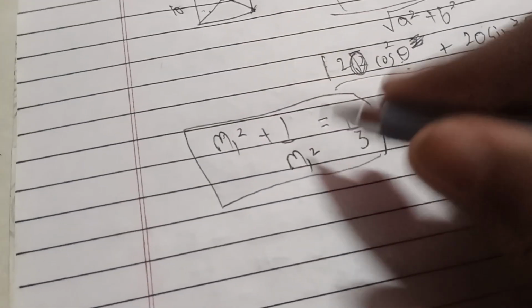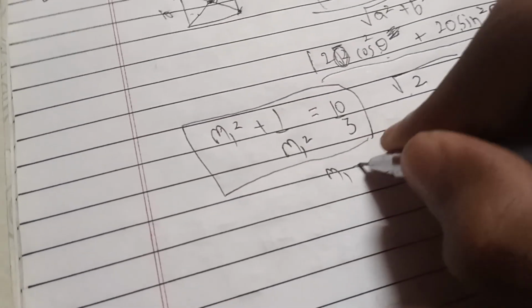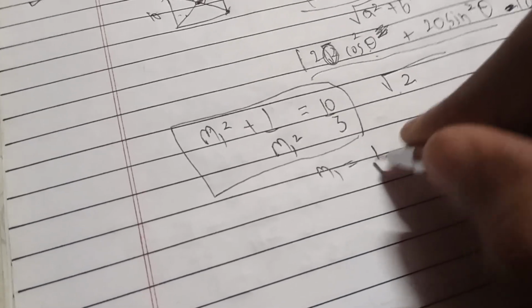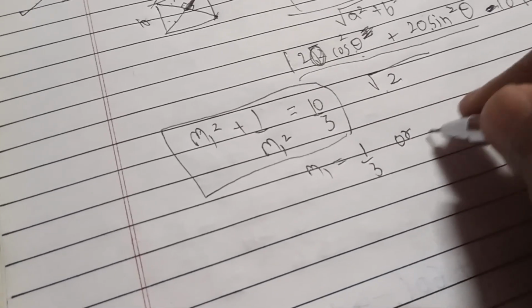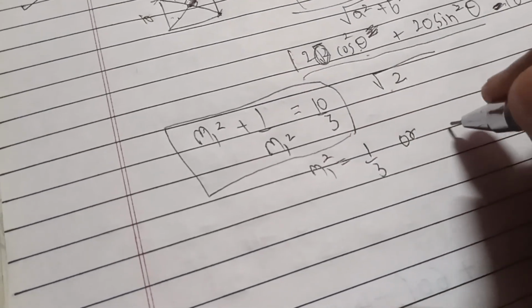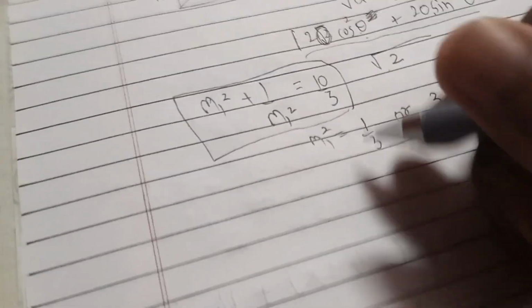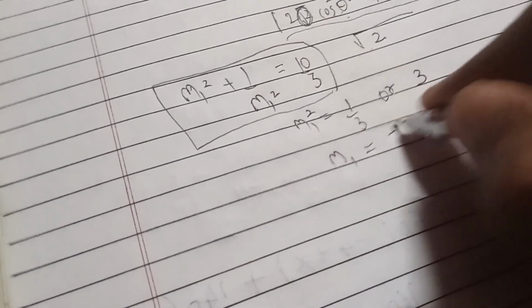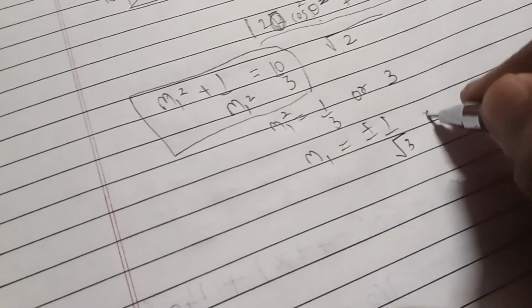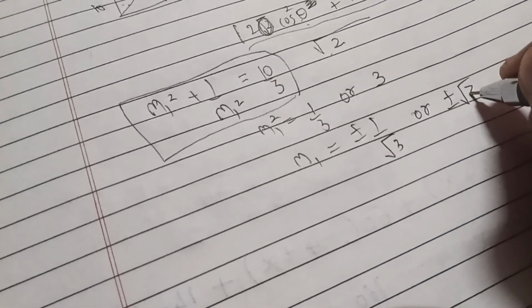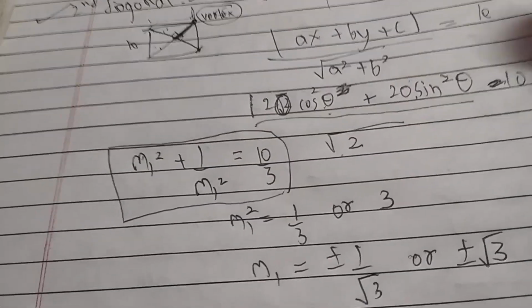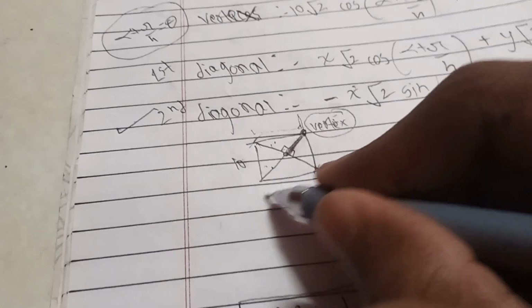Now as soon as you solve this, you get m1 square equal to 1 by 3 or 3, and m1 is plus minus 1 by root 3 or plus minus root 3. So I have slope of one of the sides of square.